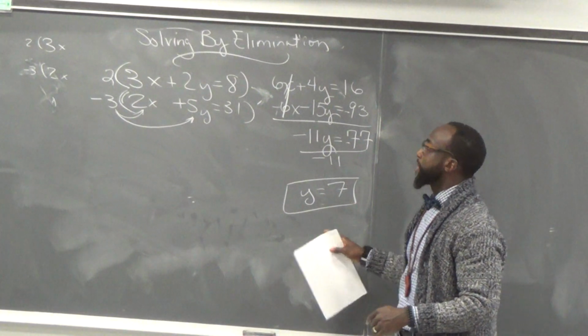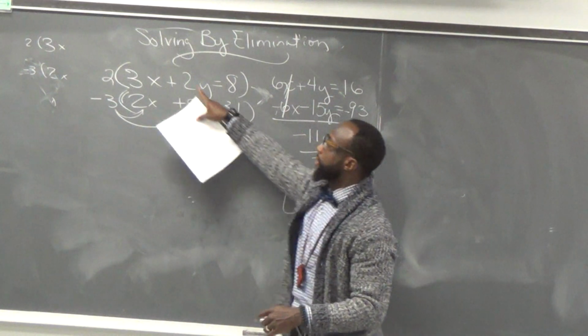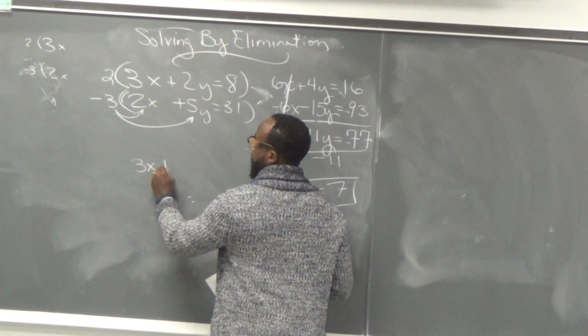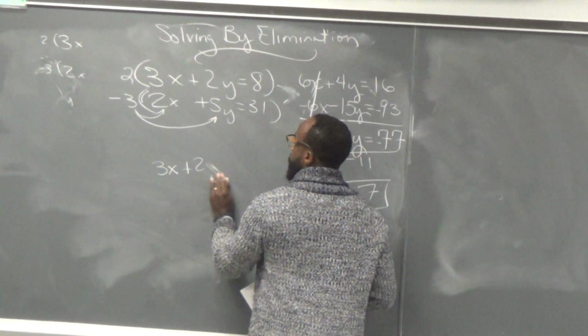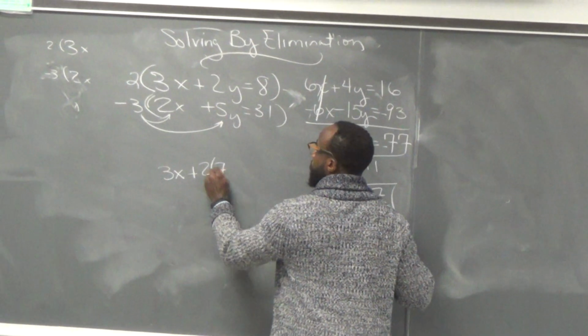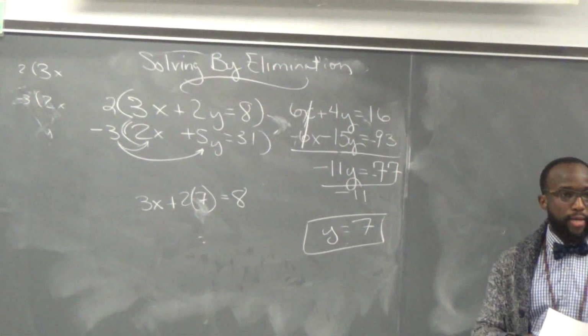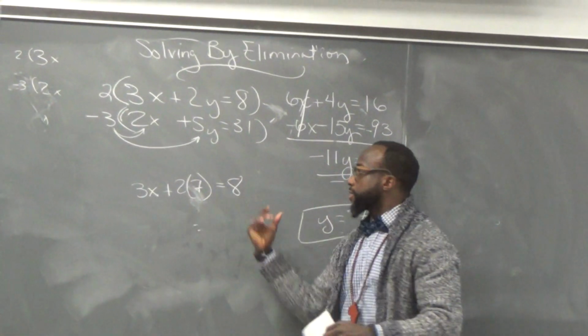Now let's take this 7 and plug it into any one of these. Let's plug it into the top. The original equation was 3x plus 2y equals 8. y is now 7. We all good so far? Then solve for x.